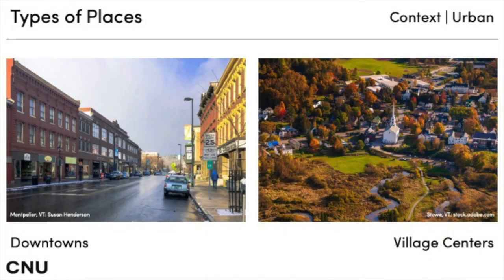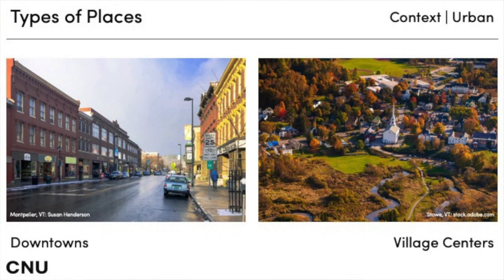We use the word urban as it applies to walkable, compact, mixed-use environments with blended densities. And in that situation, it doesn't necessarily mean that villages aren't urban or that hamlets aren't urban.